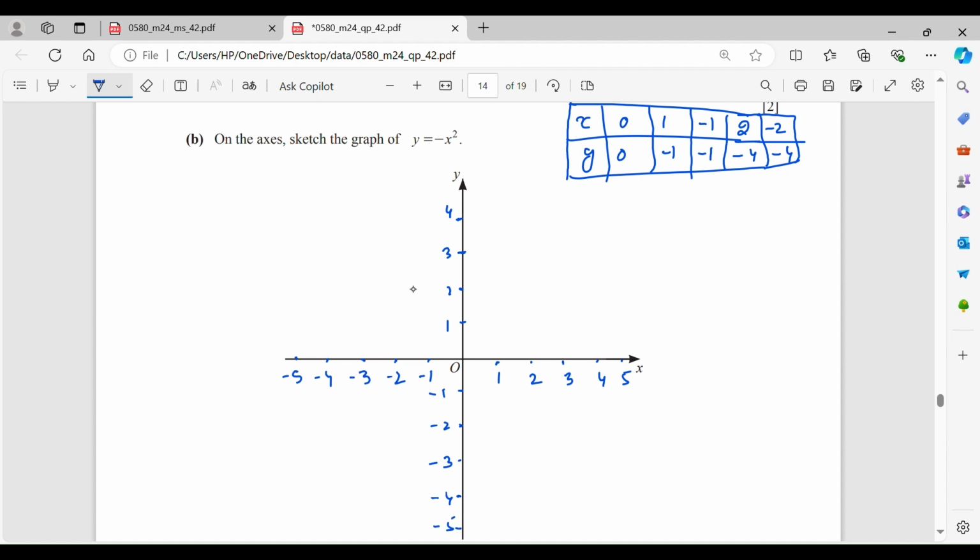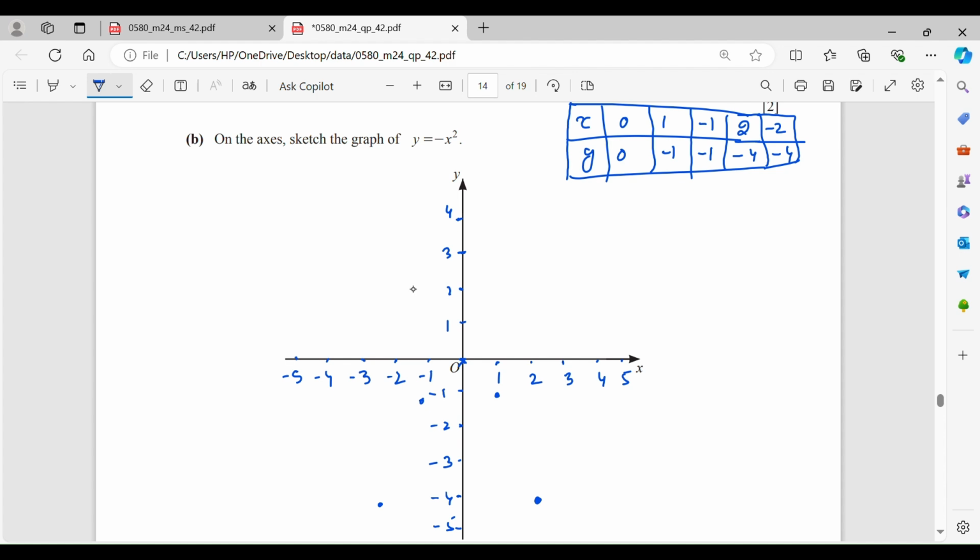Then on 1, minus 1. This will be the point. On minus 1, minus 1. This will be the point. And then 2, minus 4. I think this will be the point. And minus 2 again minus 4. This will be the point.